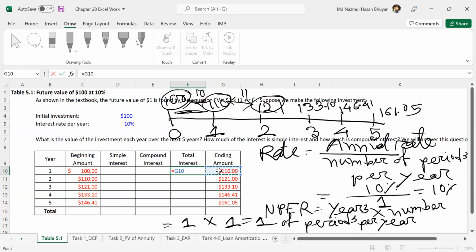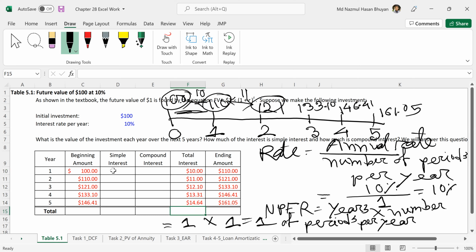Our total interest in year number one is the ending amount minus beginning amount. Then again, ending amount minus beginning amount, for each of the remaining years. So now we know our total interest.